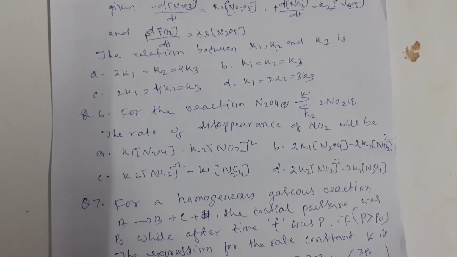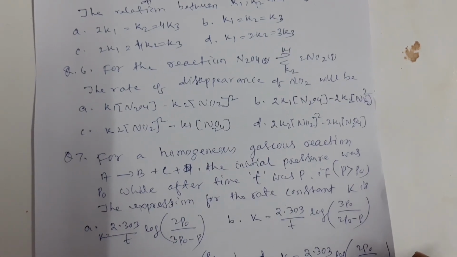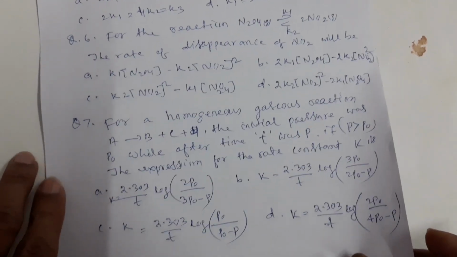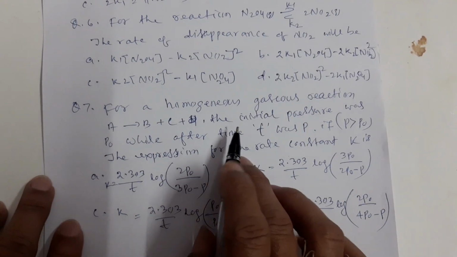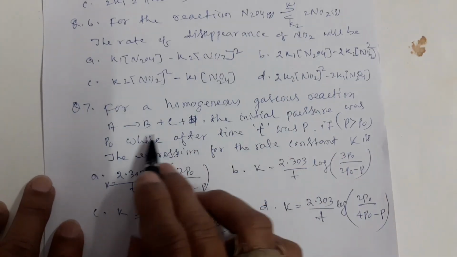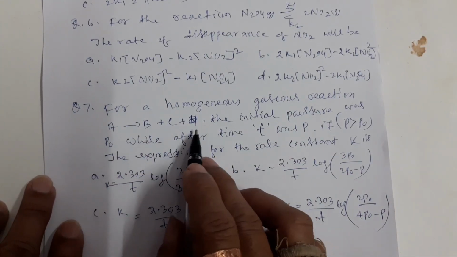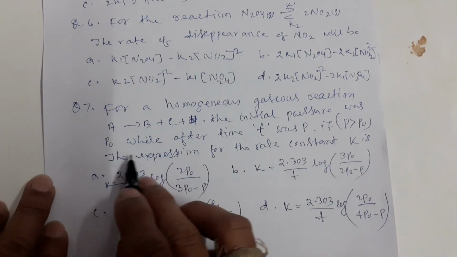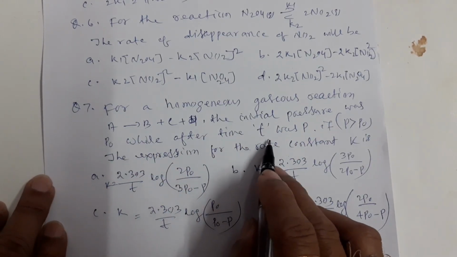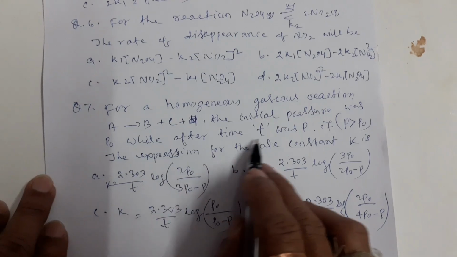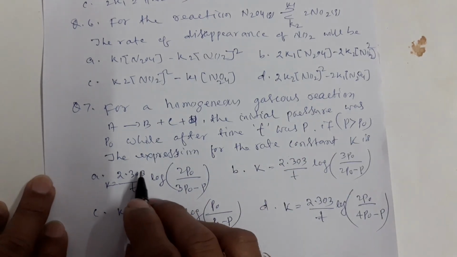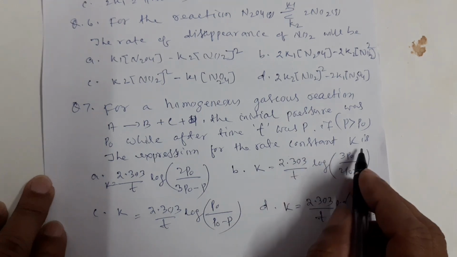Next, question number 7. For a homogeneous gaseous reaction, A giving B plus C plus D, the initial pressure was P0 while after time t it was P. If P is greater than P0, the expression for the rate constant K is what?